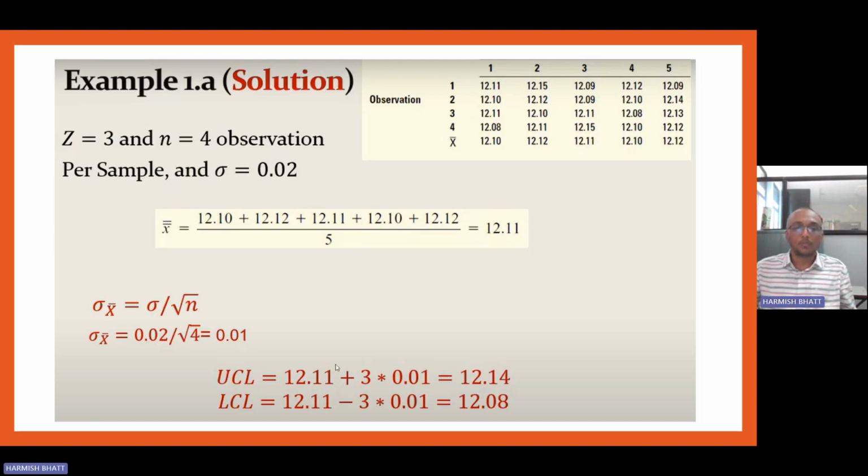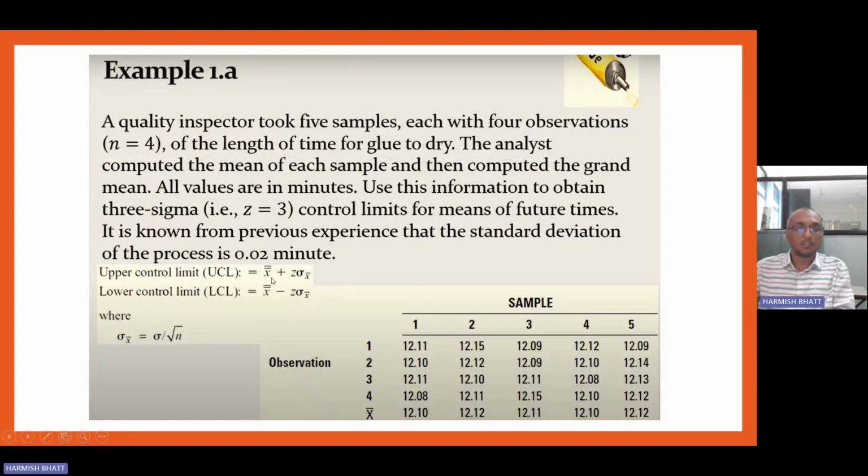Okay, so now if we put all the values over here, the UCL will be available with us and LCL also will be available with us. So UCL, as per the previous equation, can be given as x double bar plus z into sigma x bar, while LCL will be x double bar minus z sigma x bar.